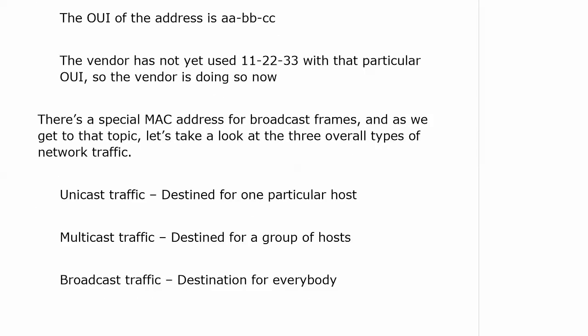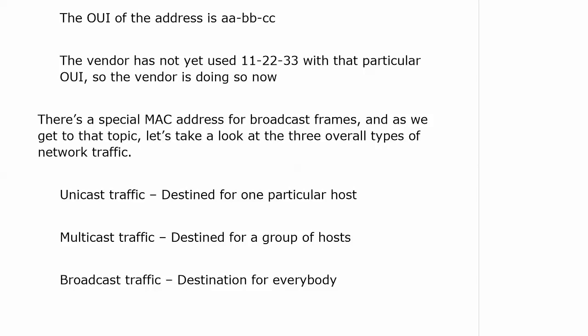Now, there's a special MAC address for broadcast frames, and as we get to that topic, I want to clarify these 3 terms because you hear them used a lot in our business, obviously. First off, unicast traffic. What does that suggest to us? It suggests one. Unicast traffic is traffic that is destined for one particular host. Multicast traffic, that's our middle ground, because broadcast traffic is destined for everybody.